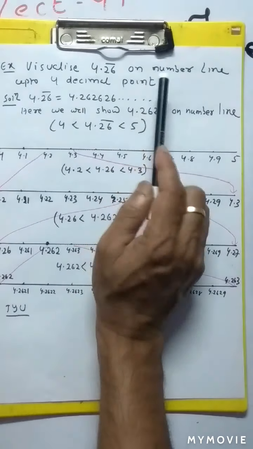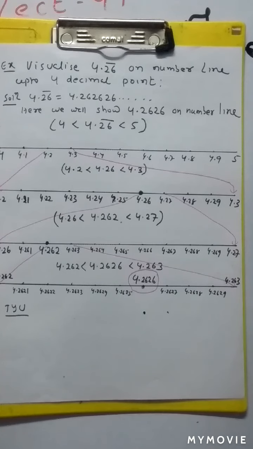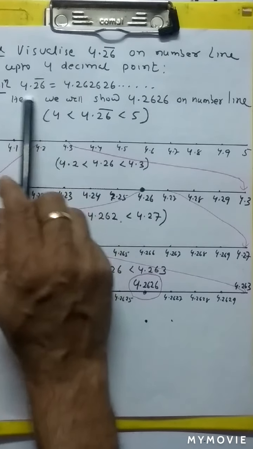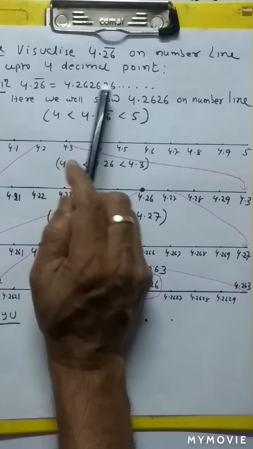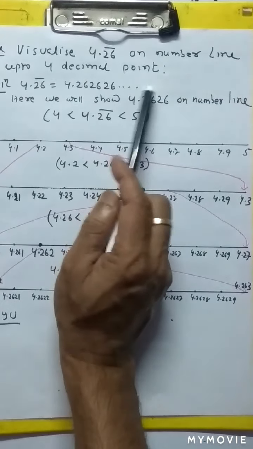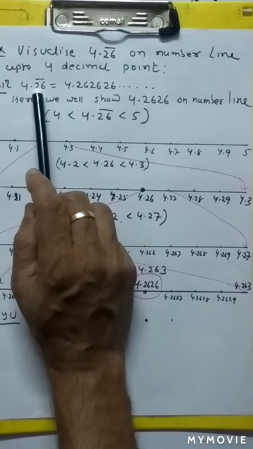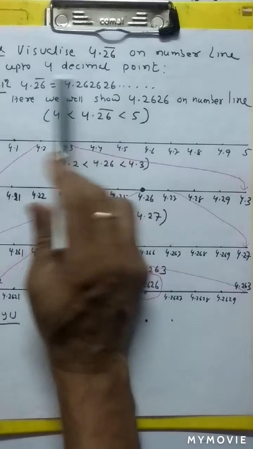Visualize 4.26 bar on a number line up to 4 decimal points. Clear? So here 4.26 bar, which number is this? Definitely this is a rational number. Here 4.26 bar indicates 4.26, 26, 26, it will continue. So that is non-terminating and recurring. If non-terminating and recurring, then this number is called a rational number.